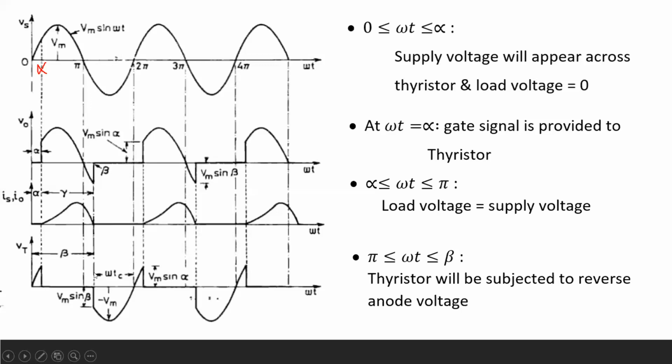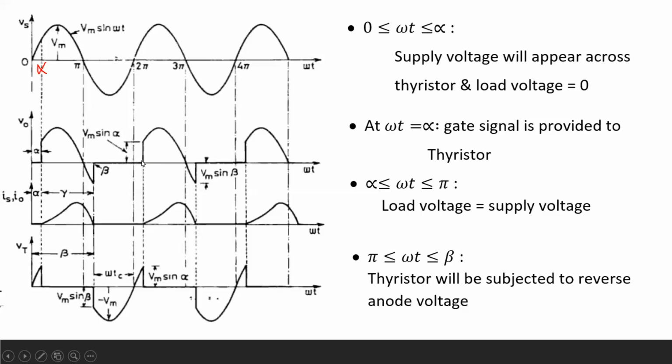Okay, now in the interval beta to 2 pi plus alpha, as there is no positive gate pulse applied to the SCR, there will not be any kind of conduction during this period. Thyristor will remain in the off position, right? At 2 pi plus alpha we are providing a positive gate pulse to the thyristor, so it will start conducting.